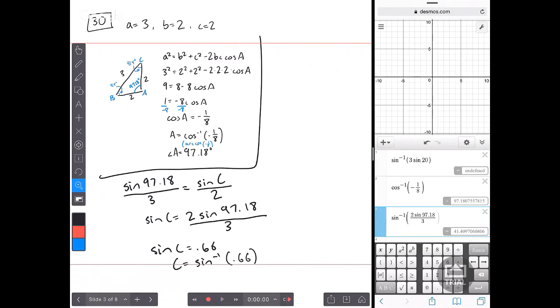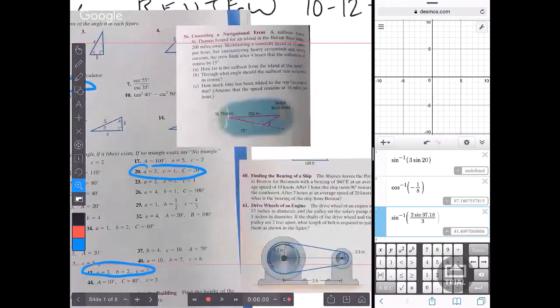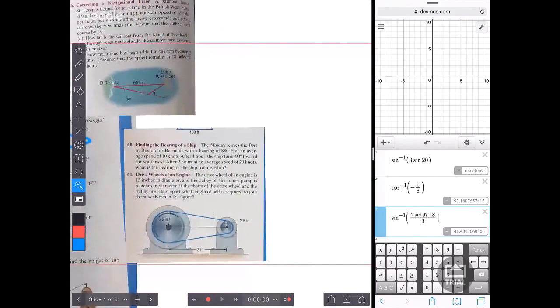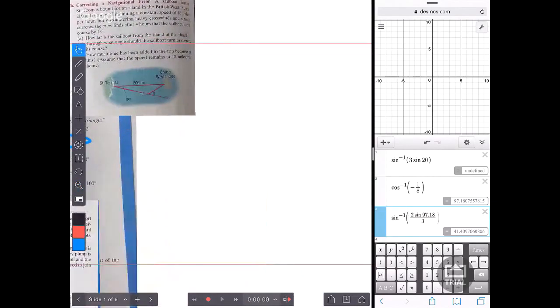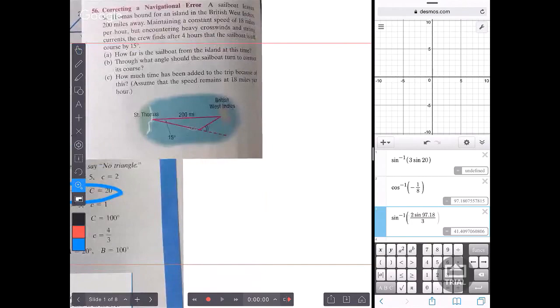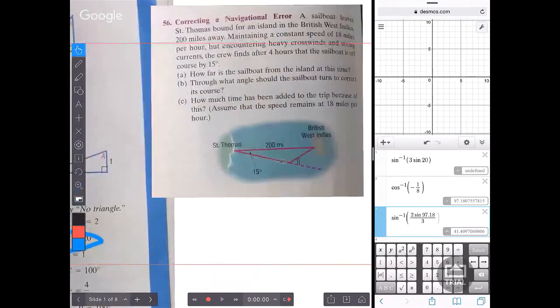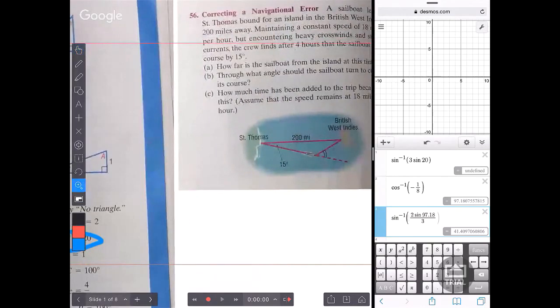Correcting a navigational error. I love this problem. Let's see. A sailboat leaves St. Thomas bound for an island in the British West Indies.